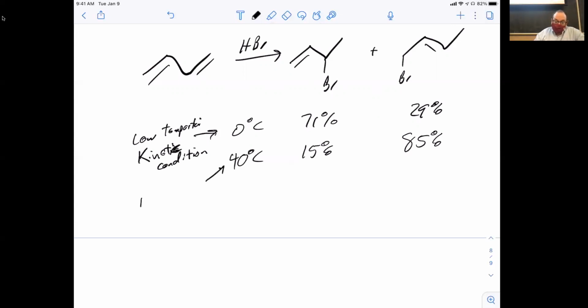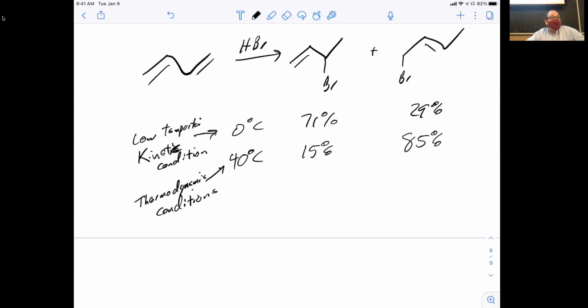This one is the thermodynamic. I don't care how long it takes. I want the most stable product, right? So kinetic is the fast product. The thermodynamic is the most stable product.